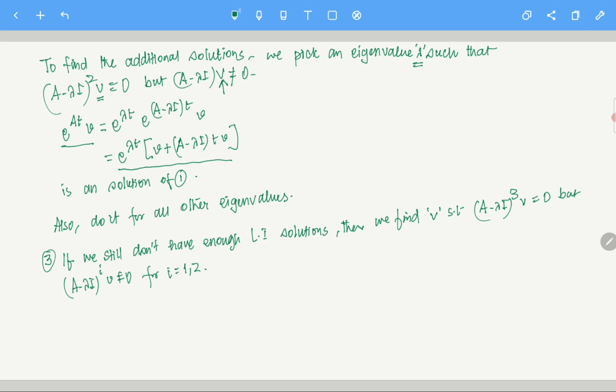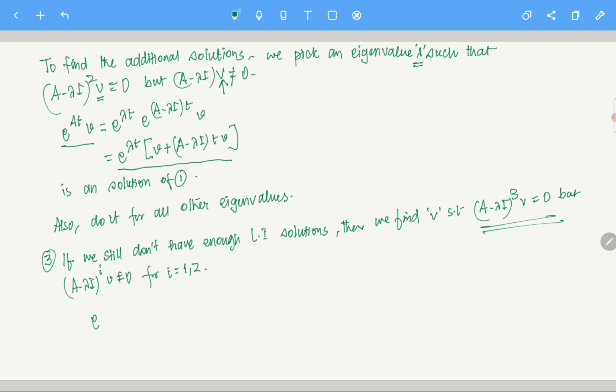If the second power is not doing the trick, let's just go to the third power. Choose any eigenvalue lambda like earlier, and try to find a v such that (A minus lambda I) cubed v is 0, but (A minus lambda I) squared v is not 0. Clear?